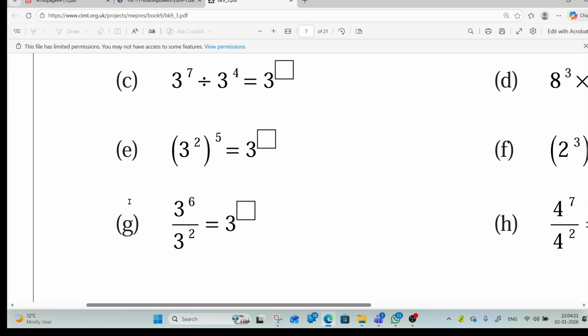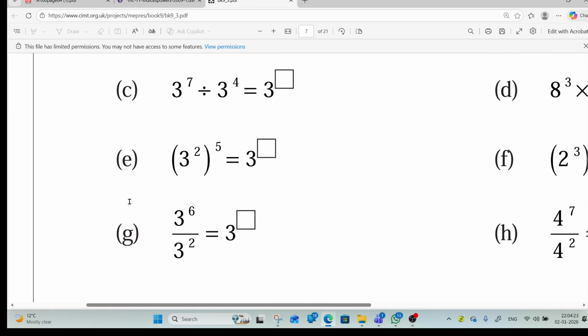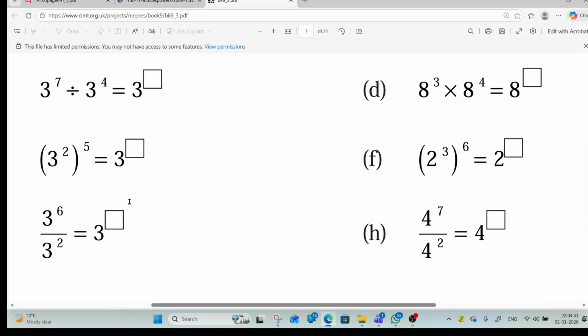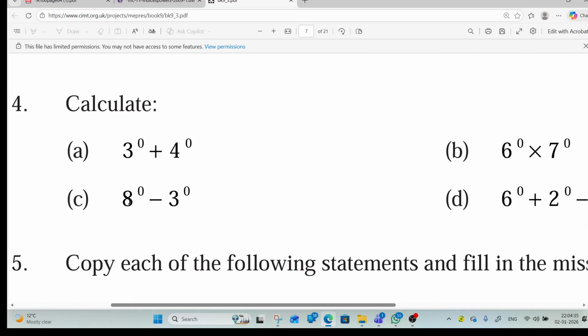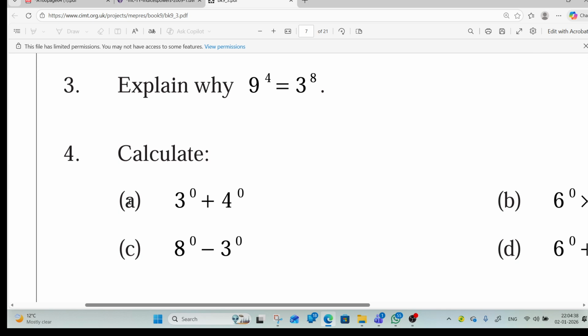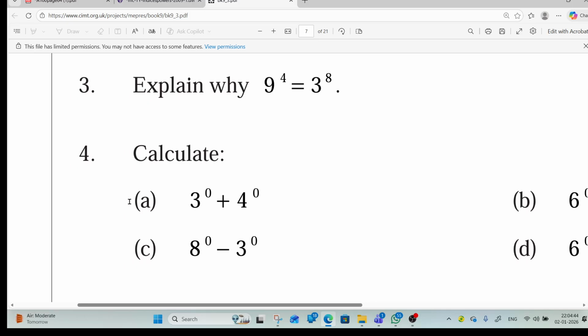Try this E. 10, 3 to the power 10. Very good. Okay, that's great. How much is this? 3 to the power 0 is 1.